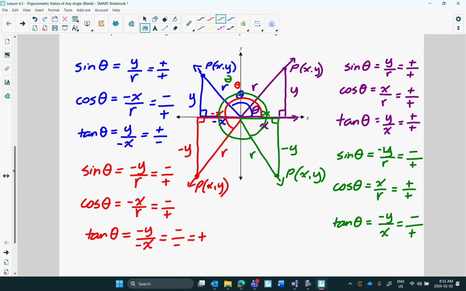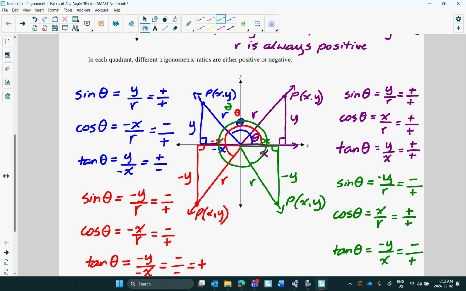Fortunately, we can help us remember it by thinking in quadrant 1, all the trig ratios are positive. In quadrant 2, only sine is positive. The rest are negative.